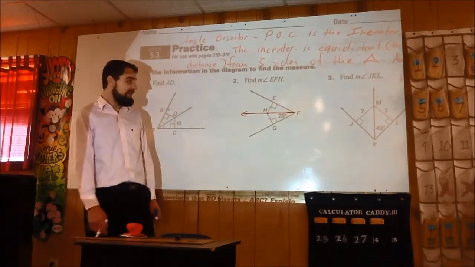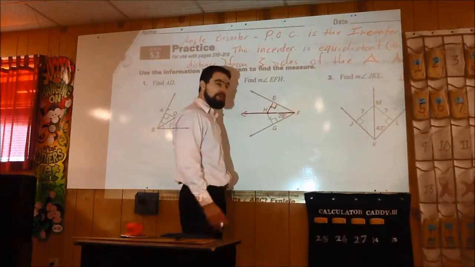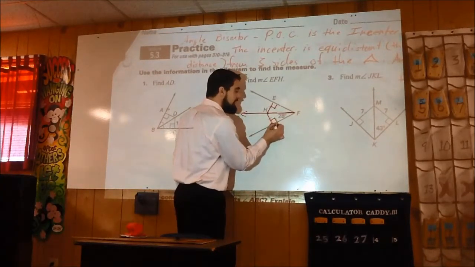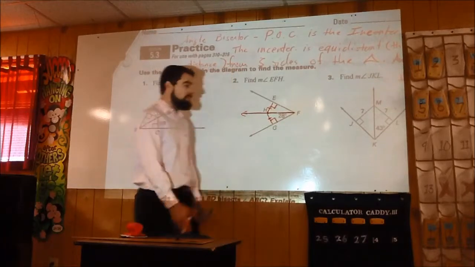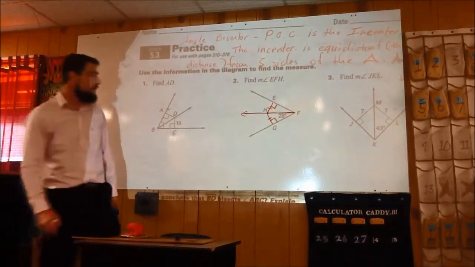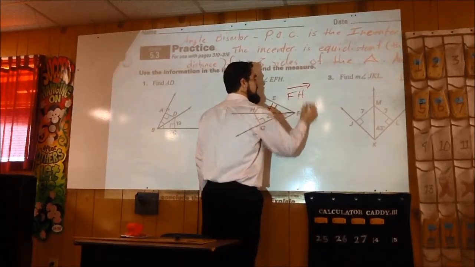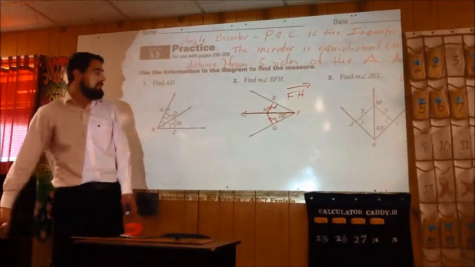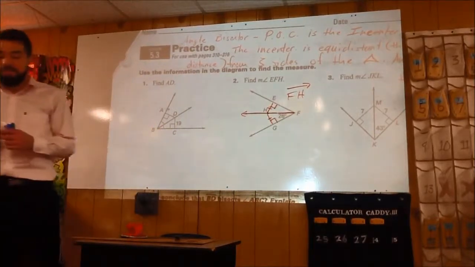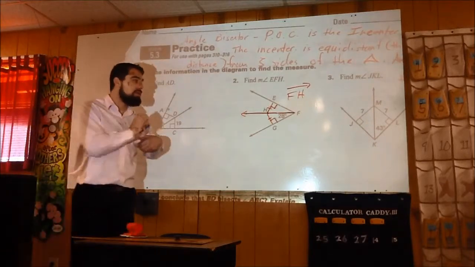Yes, it is, because this is the perpendicular distance. You've got to know you're talking about the perpendicular distance, and it shows that those are congruent. So point H is equidistant from the two sides of the angle. Therefore, what can you say about ray FH? It is the angle bisector. You have proven a different way that that is the angle bisector.